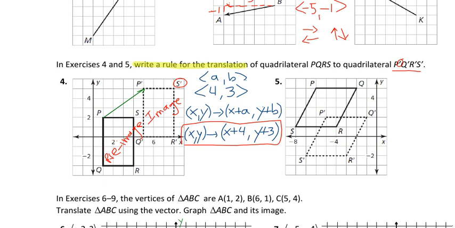So what we do first, we identify which one is the image and which one is the pre-image. Then we draw a vector going from the pre-image to the image, and then we write the component form of that vector, and we use this component form of the vector to write the rule for the translation.